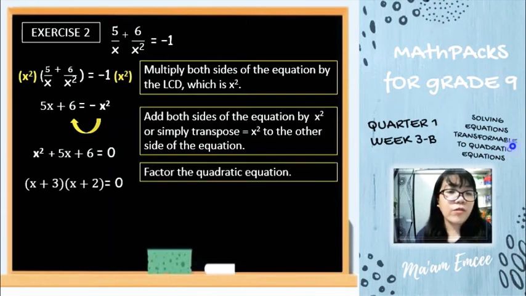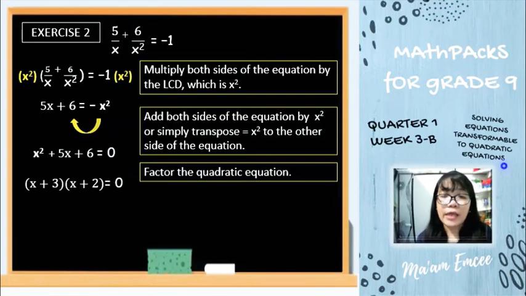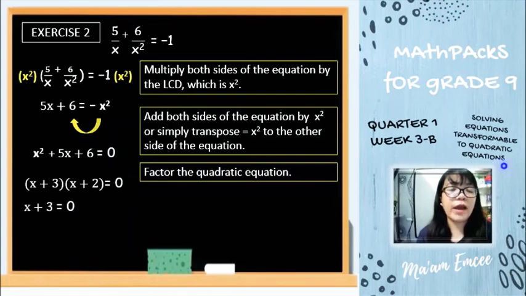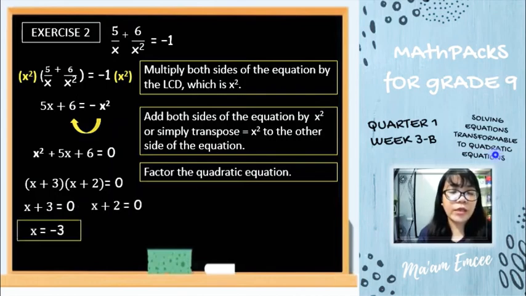So our factors are x plus 3 times x plus 2. They are both positive. Then we equate each factor to 0. x plus 3 is equal to 0. x plus 2 is equal to 0. Then to solve for the value of x, we need to transpose positive 3 to the other side. Since this is positive on the left side, if we transpose this to the right side, then it becomes negative.